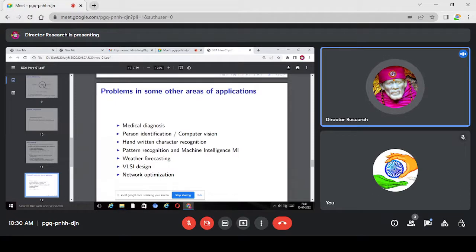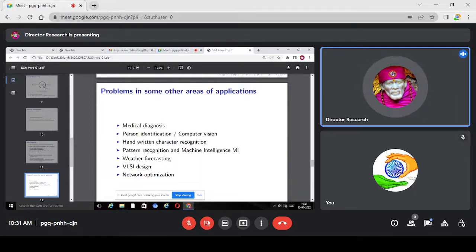That is called medical diagnosis. The second point is personal identification, identifying a person in an organization. Then computer vision, the vision of a computer, that means the various things and modules in our project. You have to list that out and find that out.